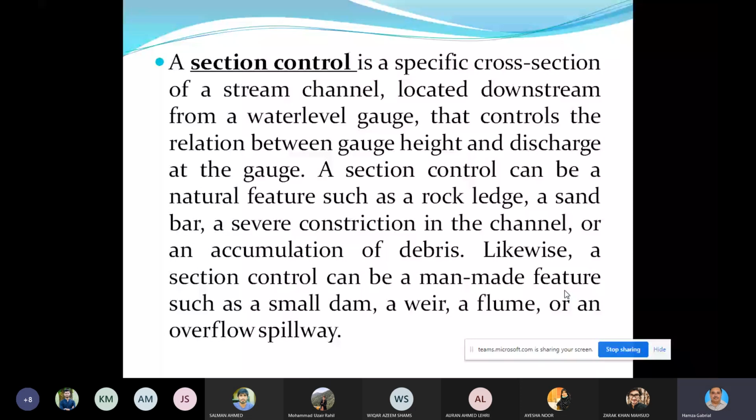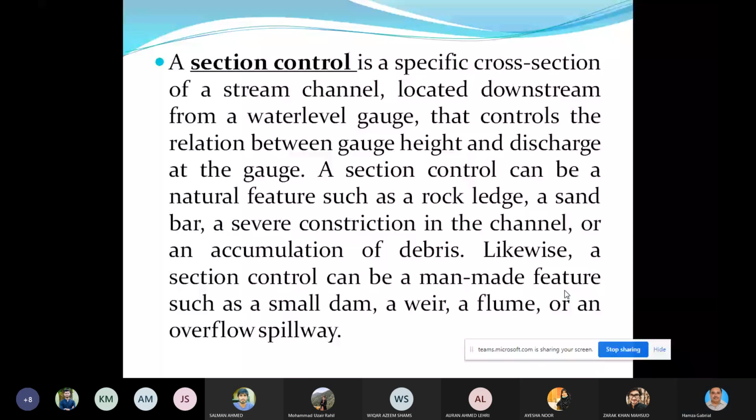So first we will discuss these three types of controls one by one. The section control we define as a specific cross-section of a stream channel, located downstream from a water level gauge, that is controlling the relationship between the gauge height and the discharge. So this is giving us a one-to-one relationship between the stage and the discharge.